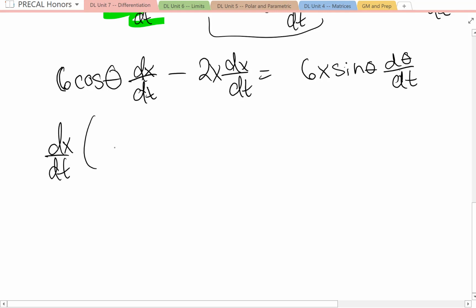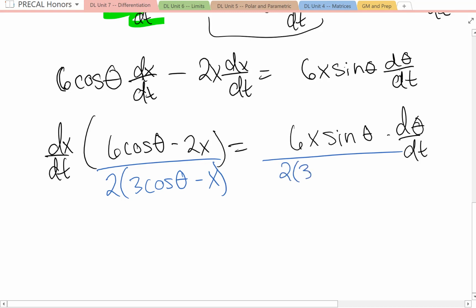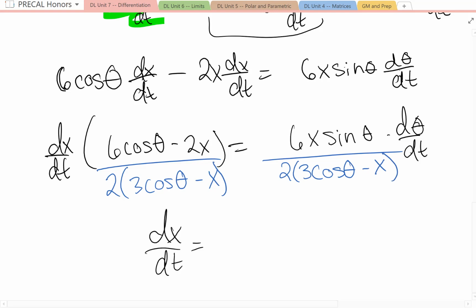We'll factor out dx/dt and get 6 cosine theta minus 2x. I can factor out a 2 here, so 2 times 3 cosine theta minus x. 6 over 2 is 3.